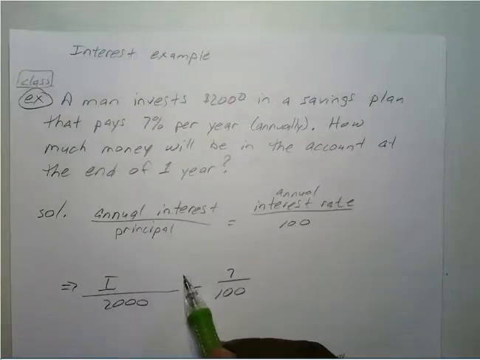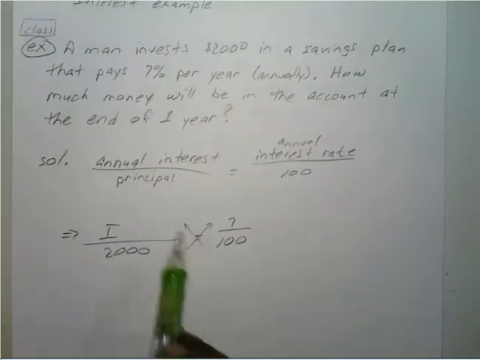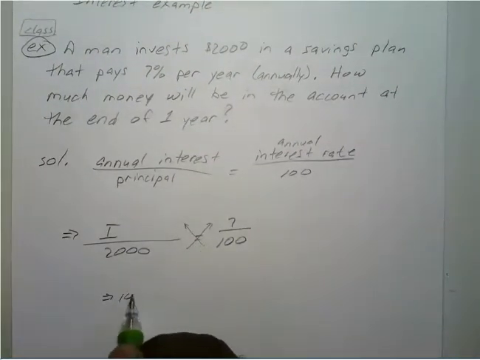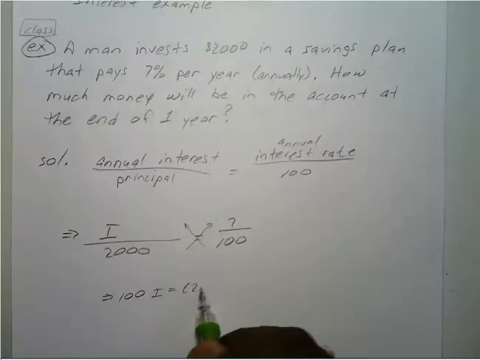We go ahead and cross multiply. So you have 100 times I equals 2,000 times 7.